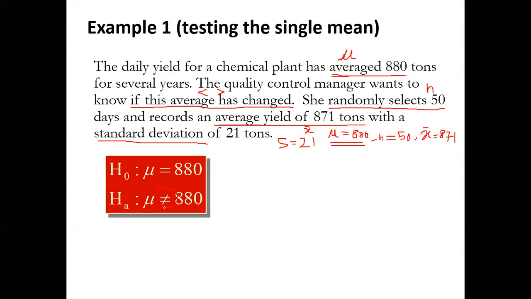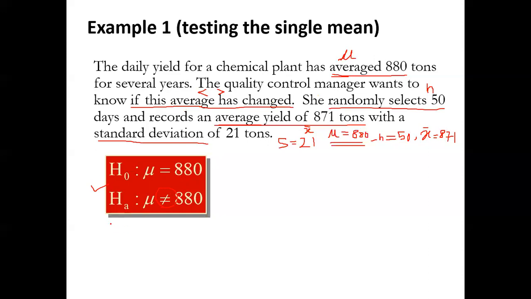So you can state the hypotheses for null and alternative like this. Or, because the question states that the control manager wants to know if this average has changed, it can be less than and greater than.